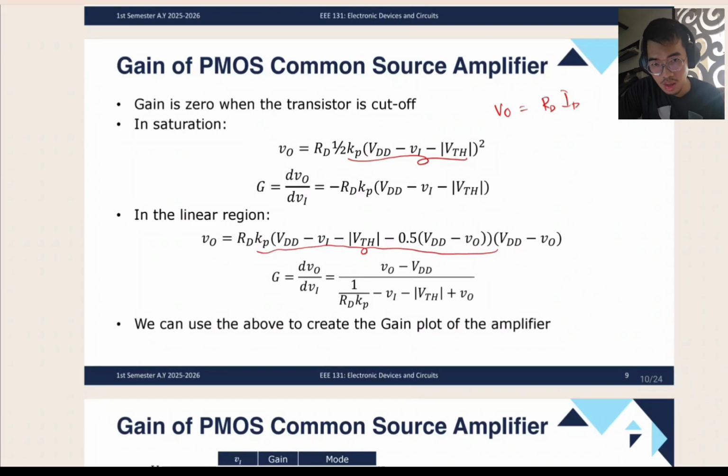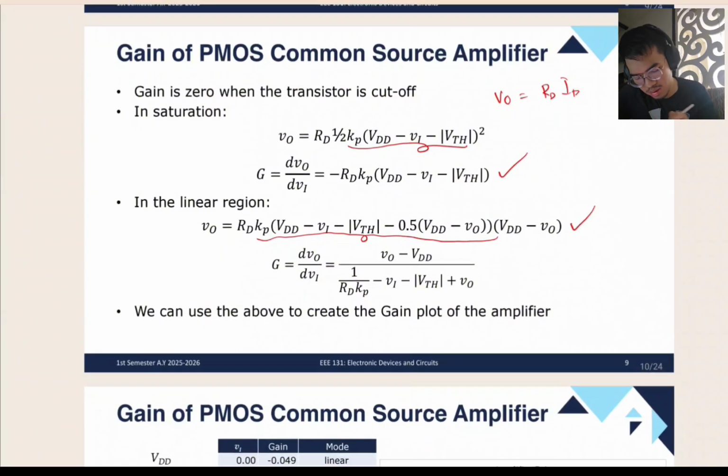Okay. And then, if we take again the derivative of that, this is the gain that we're getting. So the gain is actually pretty similar, guys. So you can somehow manipulate this one. Let's try to manipulate this such that meron tayong RDKP here: RDKP, VO minus VDD.